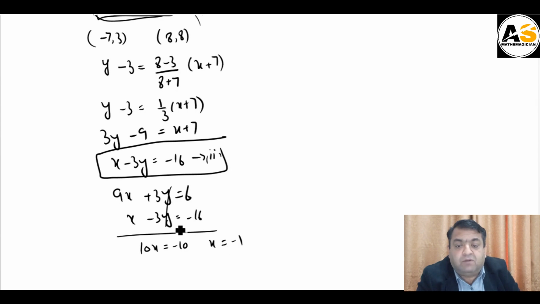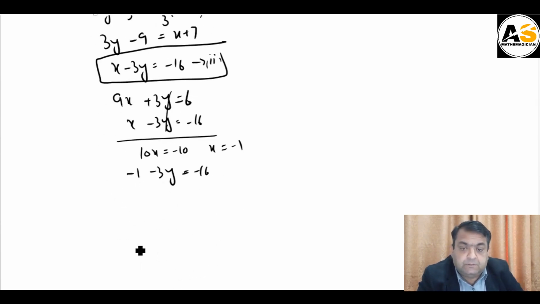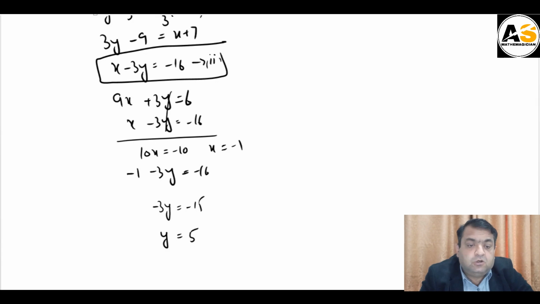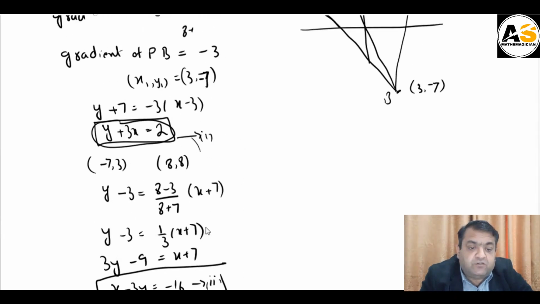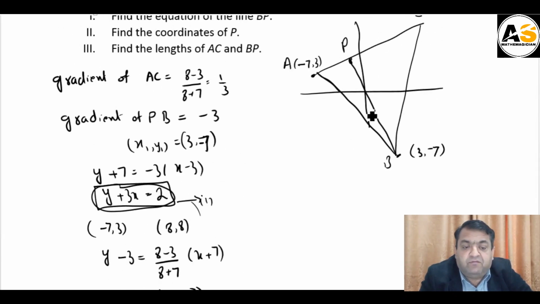For x equal to minus 1, minus 1 minus 3y is equal to minus 16. Minus 3y is equal to minus 15, and y will be equal to 5. So dear student, coordinates of P are (-1, 5).